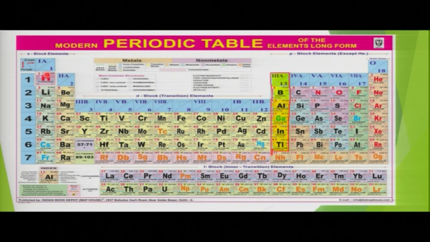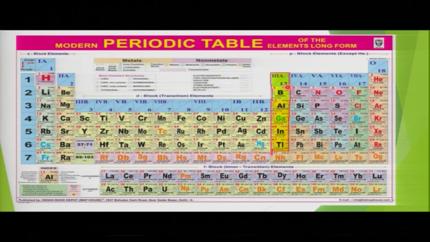The groups are the columns as they go downwards. So from column 1, 2, 3, going up to 13, that's where we have boron, aluminium, and so on. So it is in group 13 because of being in column 13 within the 18 columns of the periodic table.